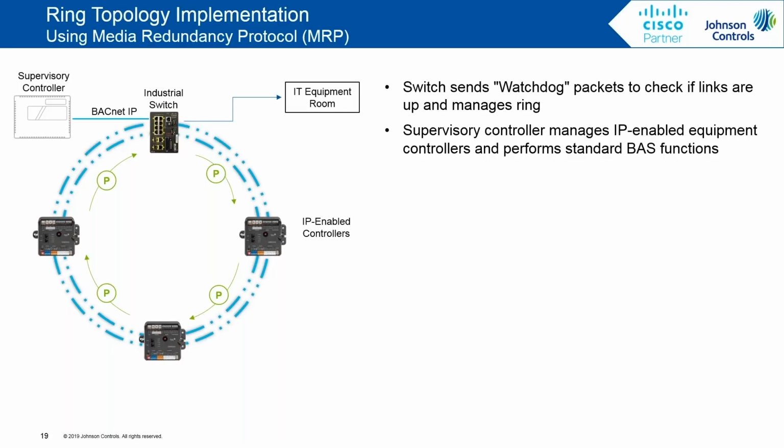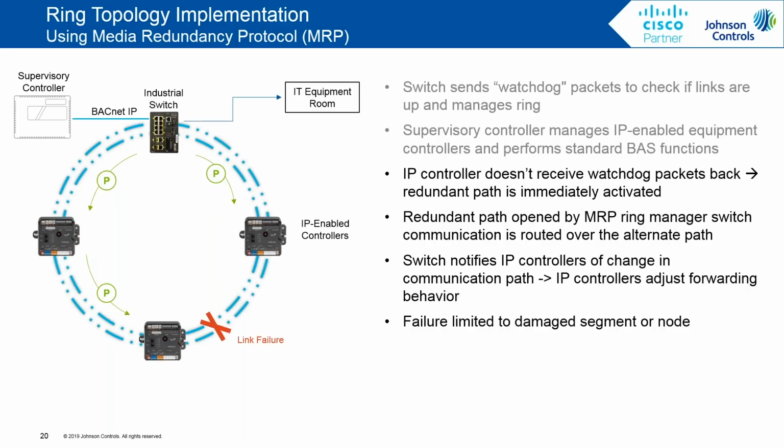Again, a little hardware chip in this industrial switch communicates to all the controllers around the ring. Off to the side, there's a supervisory controller that takes all of the building data in, the temperature reading, the duct motors, everything required for operator comfort, and makes sure it works seamlessly.